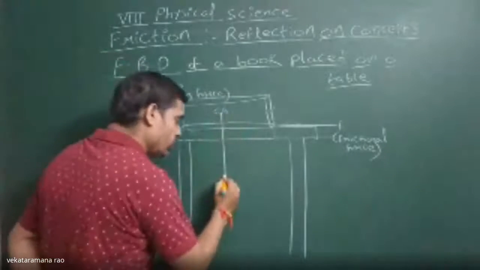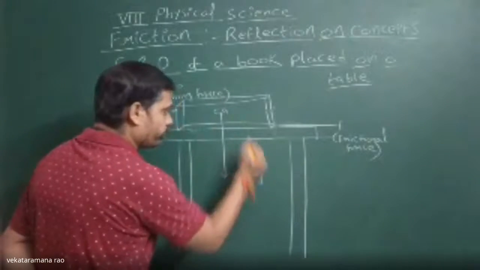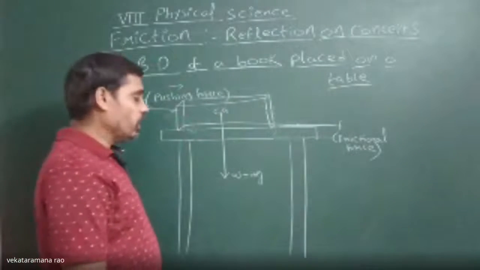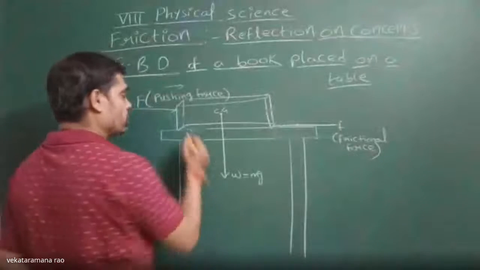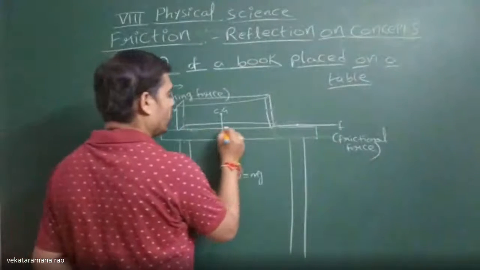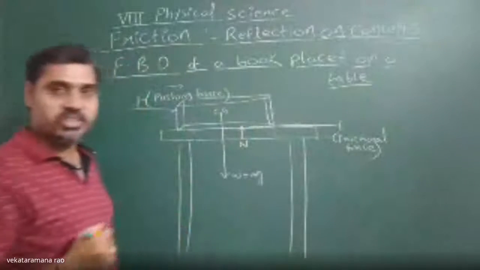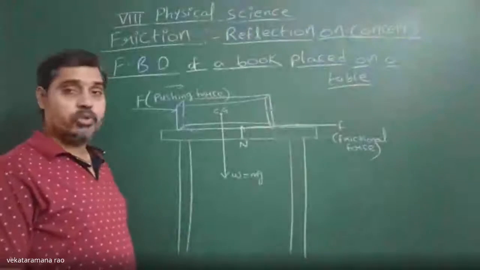From the CG, its weight W is equal to M into G, mass into gravity. Its weight always acts vertically downwards. Then the surface applies a normal force. So these are the forces.